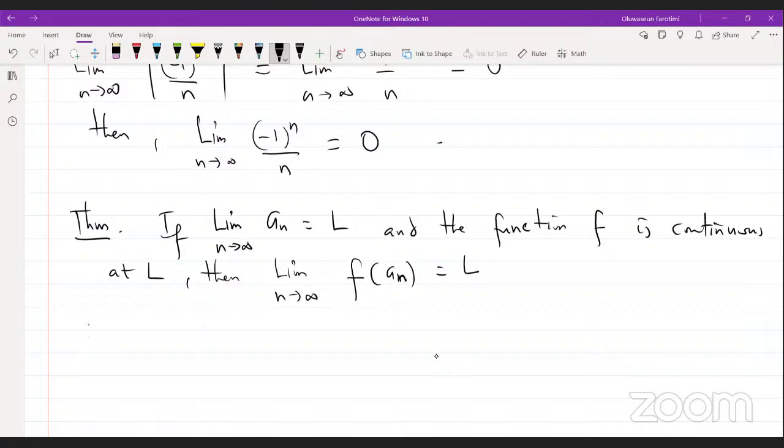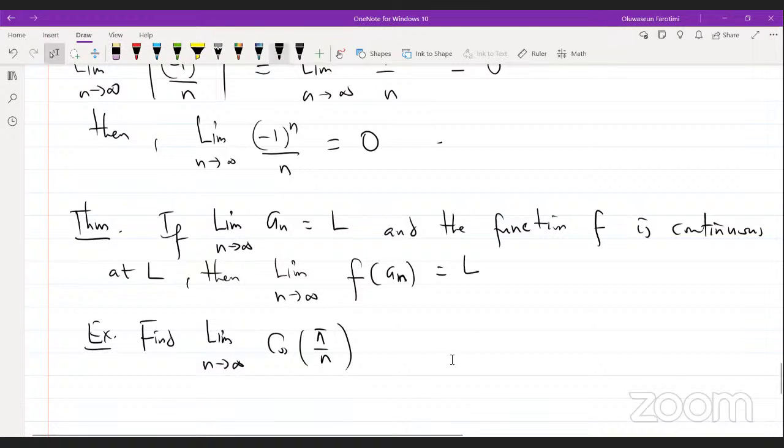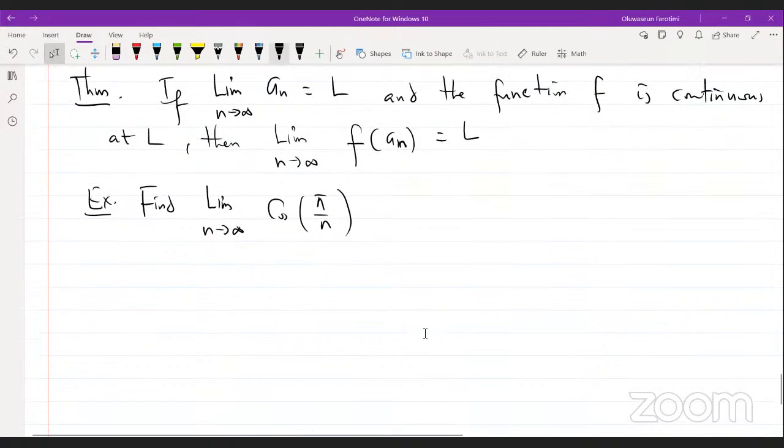All right, so example: find the limit as n goes large of cosine of pi over n. Okay, so we want to find this limit. All right, so what do we do? Let's see. Solution.